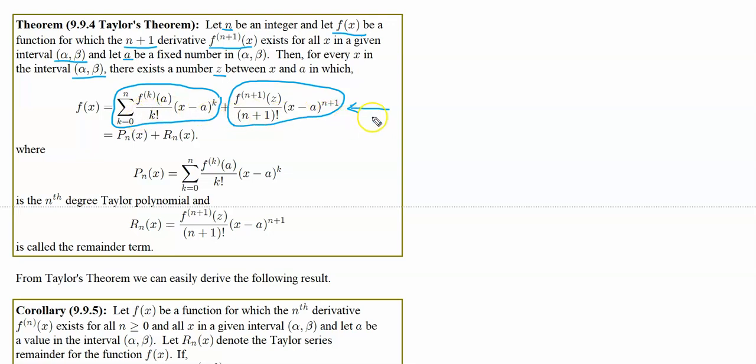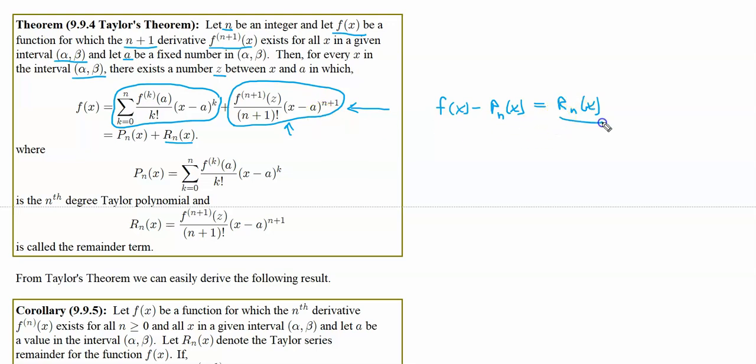So the way you should understand this is you should realize that this term right here, which we denote as R sub n of x, represents the difference between f of x and your nth degree Taylor polynomial. So you can think of it as an error term. For example, if we take this term over to the left, what we would get is f of x minus the nth degree Taylor polynomial equals R n of x, which is this quantity right here.